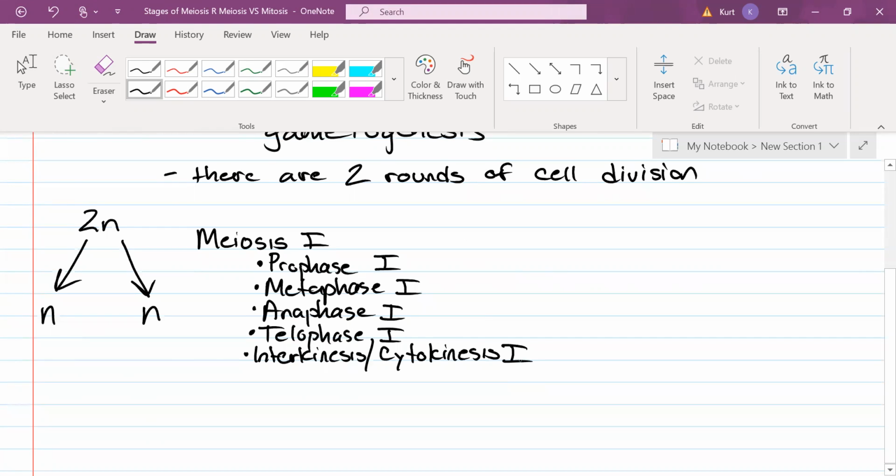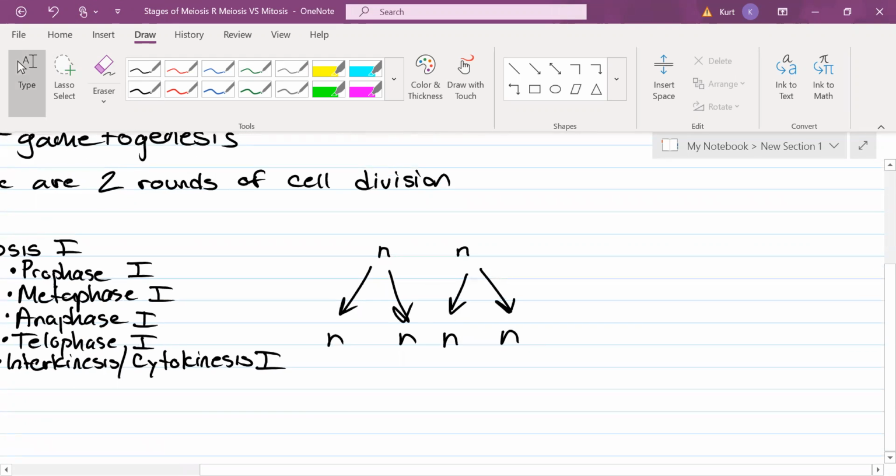Okay, now when you have those two daughter cells, they're going to go through a second round of division and result in four haploid daughter cells. This is known as meiosis 2.